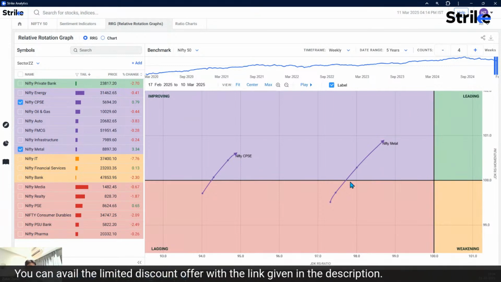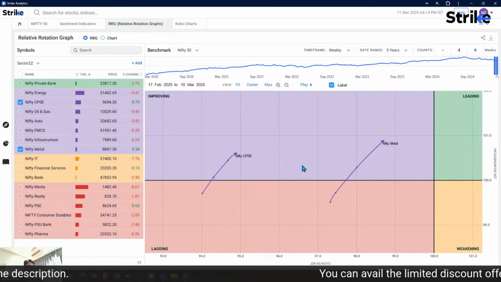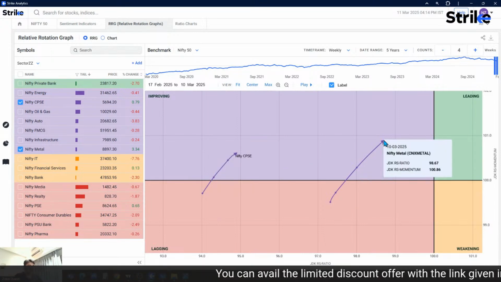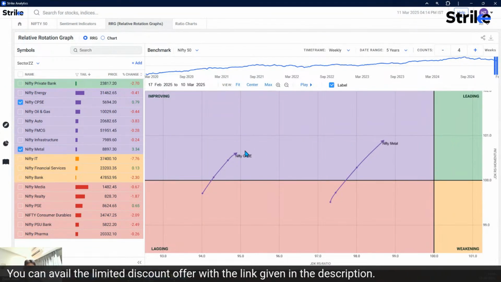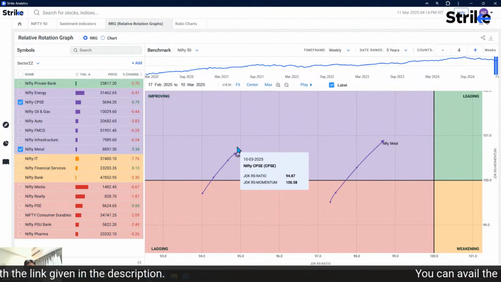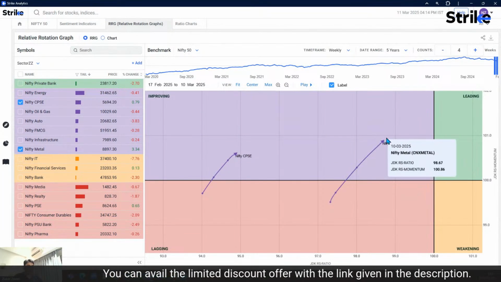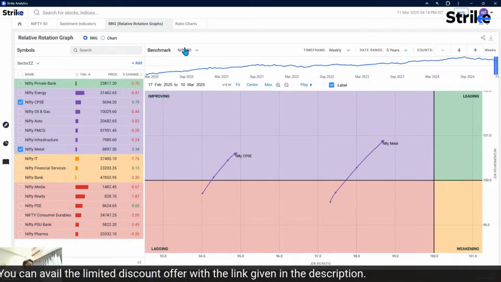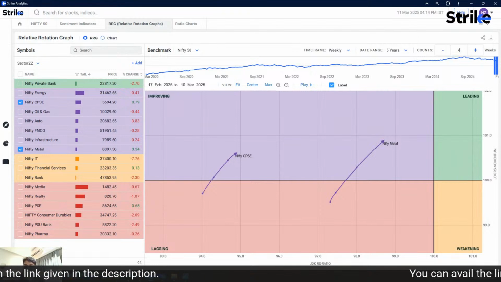And from the center line, CPSE is still far away, meaning it is more of an underperformer than metal. You can see the RS ratio of metal is 98.67, but for CPSE it is 94.87. So CPSE is more of an underperformer to Nifty 50 compared to metal. I hope I have answered your question, Mr. Money.